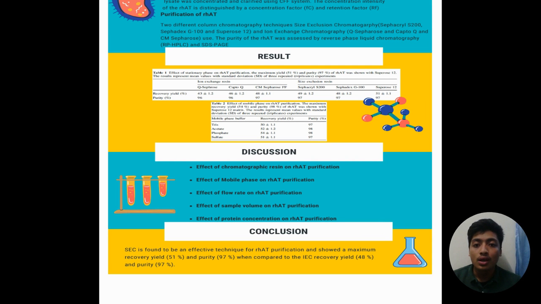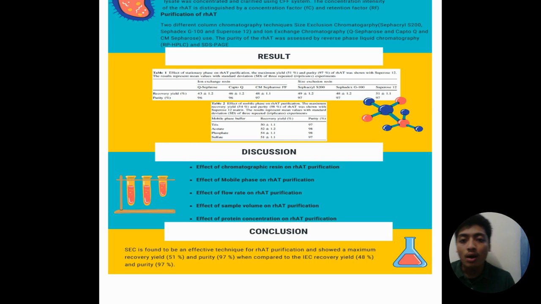We can see Table 1 shows the recovery yield and purity of rhAT for both ion exchange and size exclusion chromatography, with different resins. The ion exchange resins were Q Sepharose, Source Q, and CM Sepharose FF, while the size exclusion resins were Sephacryl S-200, Sephadex G-100, and Superose 12.